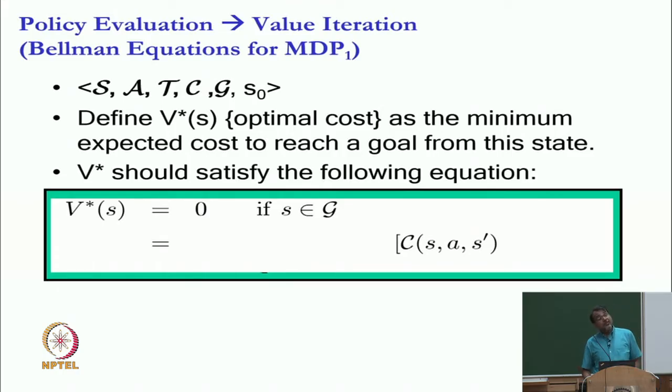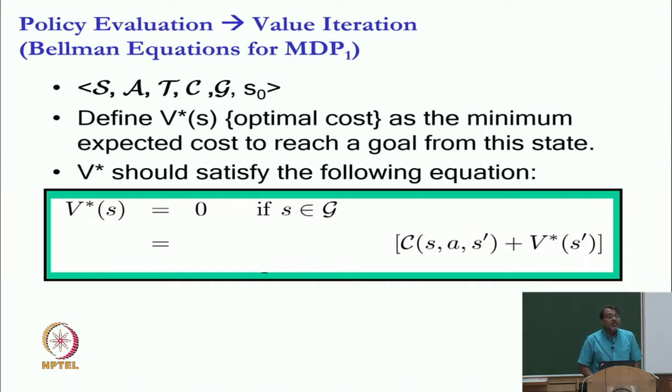Now, how much do we pay long term? We reach S prime, and from S prime also we will take the best actions possible. So, what is the minimum we will pay starting in S prime? V star of S prime. So, what is the total we are going to pay if we take action A in state S and reach state S prime? It is this term, C of S, A, S prime plus V star of S prime.